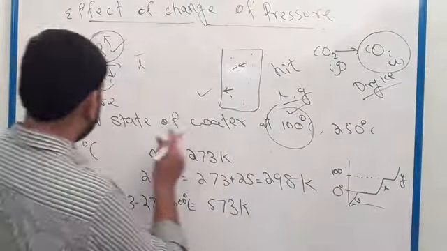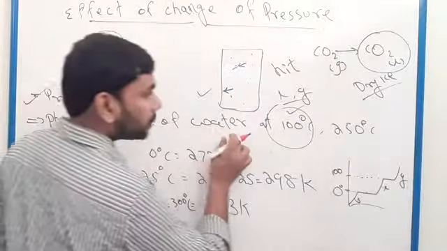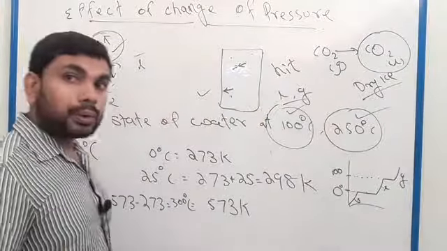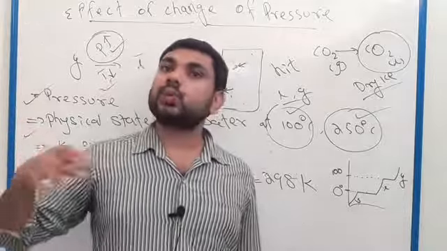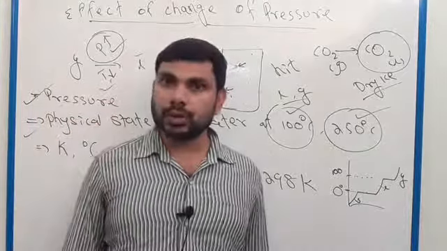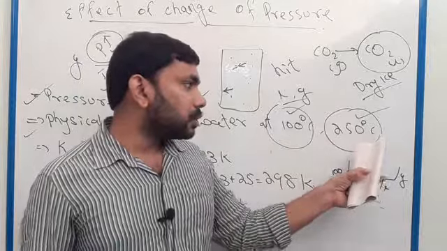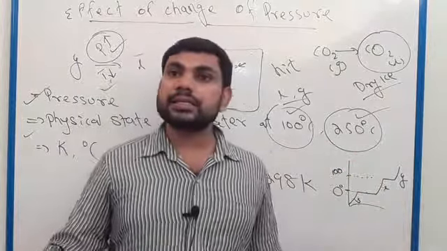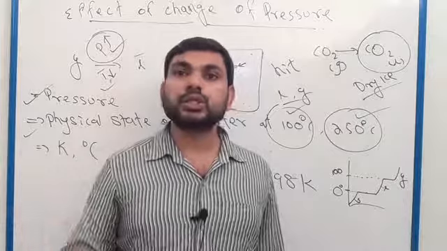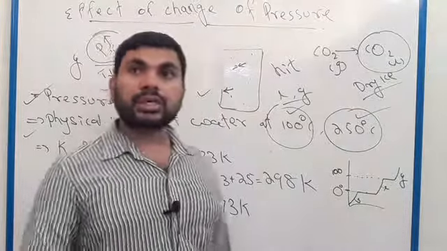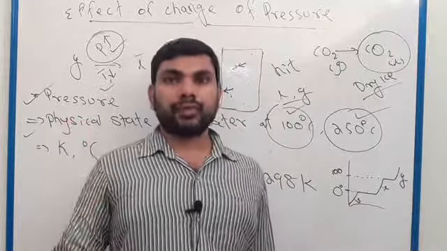So what is the physical state of water at 250 degrees Celsius? More than 100 degrees Celsius, water completely turns to water vapor. Okay, not 100, more than 100. So at 250 degrees Celsius, water will be water vapor.